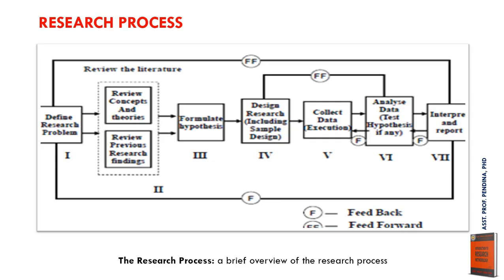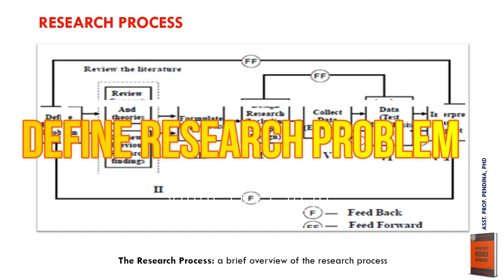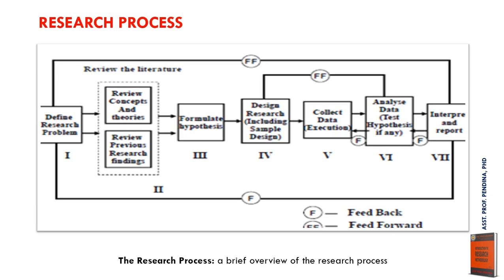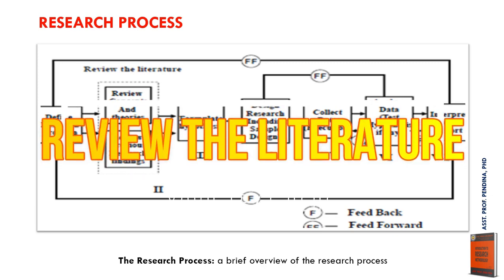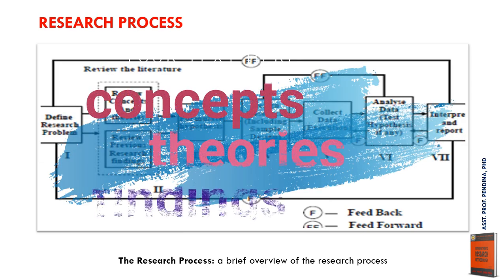Okay, if you look at these 7 steps, the first is you have to define the research problem. And what does it mean by research problem? It will be explained in the next part. Having defined the research problem, you move to the second step, you conduct the literature review, in which you review the concepts and theories.